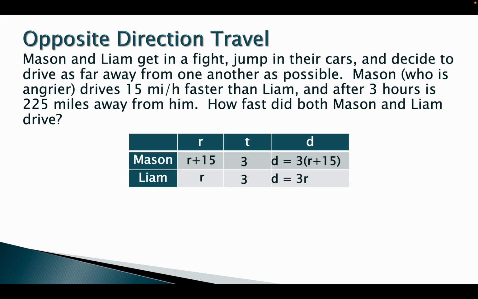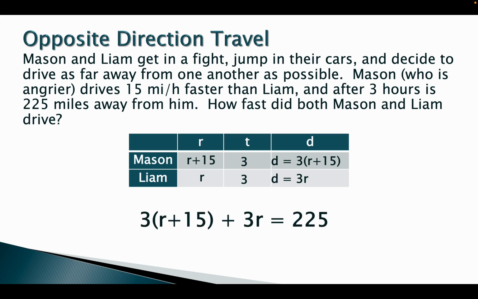Since one of them is going faster than the other and they are stopping at the same time, these distances are not going to be equal. Instead, what we know in this problem is that their total distance apart from each other at the end of the 3 hours is 225 miles. For this reason, this equation is going to look different from the other two.